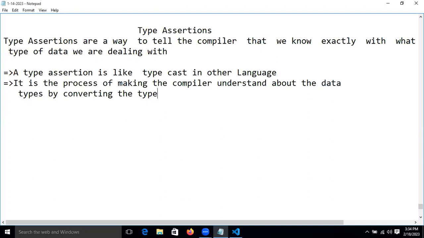Then how many ways can we handle this in TypeScript? There are two methods of handling type assertion.